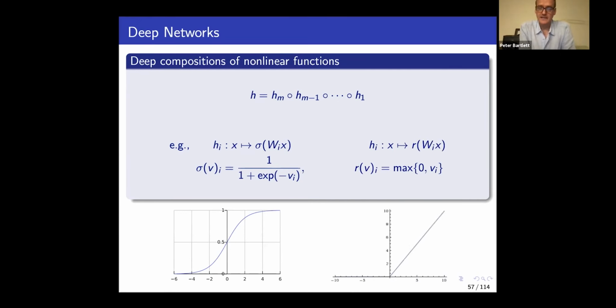More popular at the moment are these ramp functions, the ReLU, the rectified linear unit, which just takes the max of 0 and the input value, again applied component-wise. So these are piecewise linear. If we think about this sort of network, it's a piecewise linear function applied to a linear function of the input, and then you compose those. So the whole thing is going to be piecewise linear, clearly.